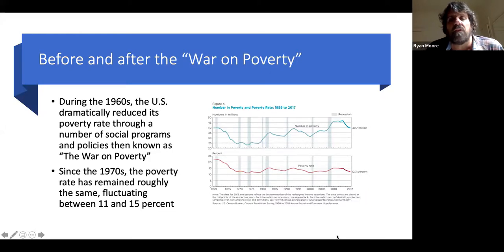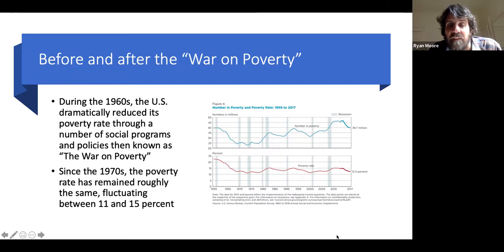Now, when we look at these things over time, the interesting and somewhat encouraging thing, I would say, is that there was a time when America was able to make some progress in reducing the amount of poverty in the country. And that was during the 1960s. As you see in these two graphs, and especially in the lower graph with the red line, in the late 1950s, the poverty rate was somewhere between 20 and 25%.